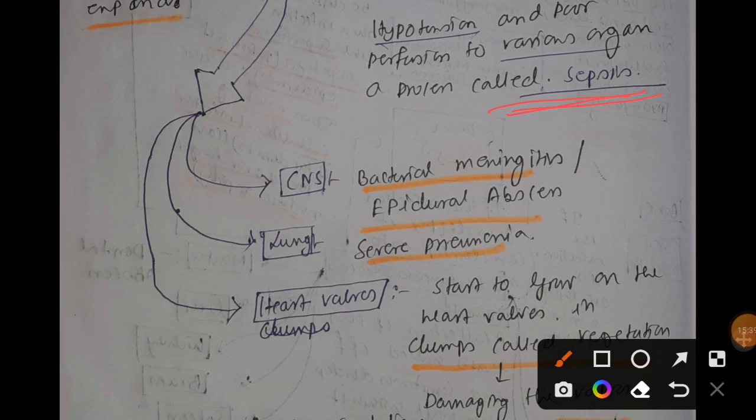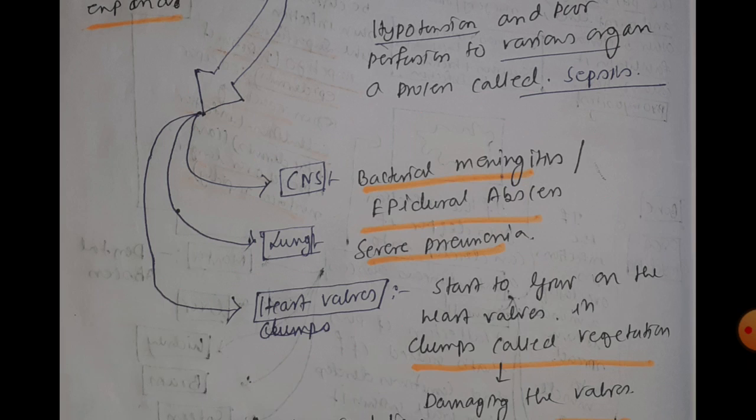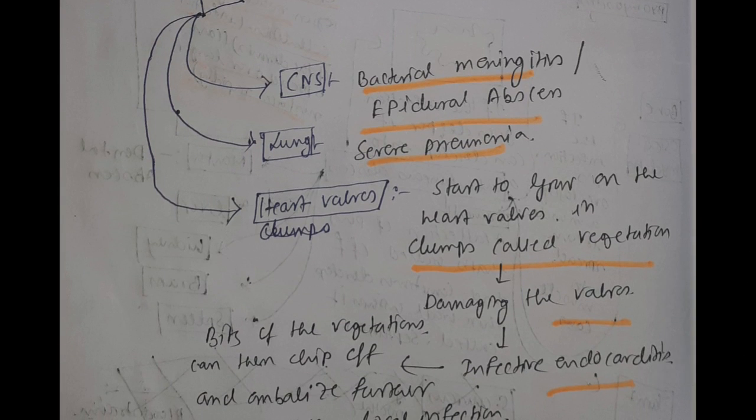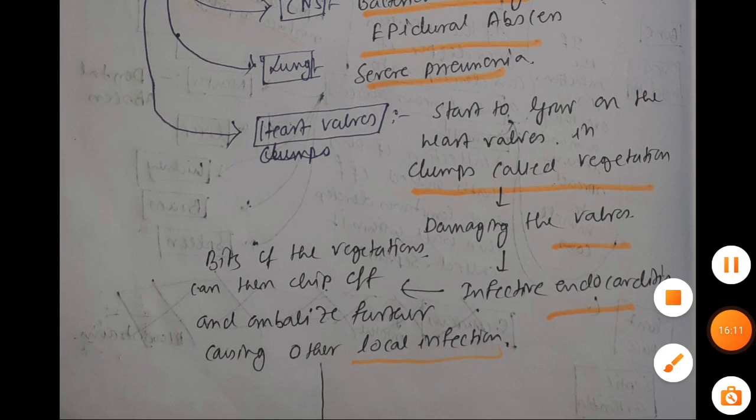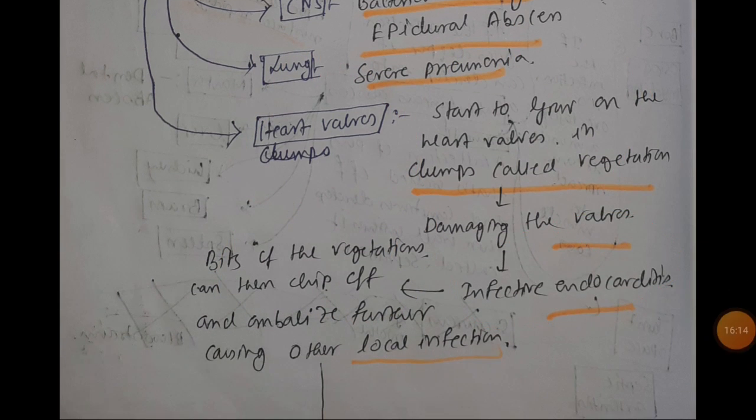From the blood it can also transfer to the central nervous system, causing bacterial meningitis or epidural abscess, to the lung causing severe pneumonia, and to the heart valve, where it grows in clumps causing vegetation. It facilitates damaging of the valve, and bits of the vegetation chip off and embolize further, a complication called infective endocarditis.